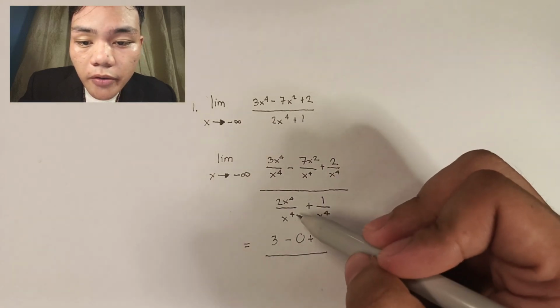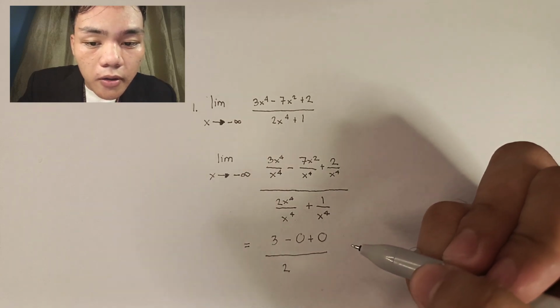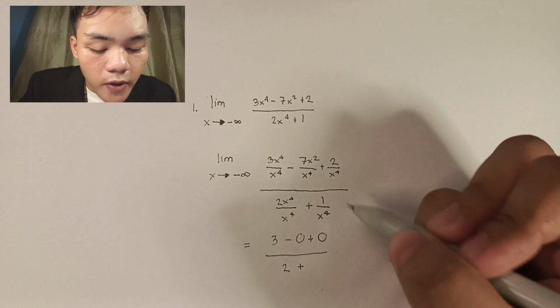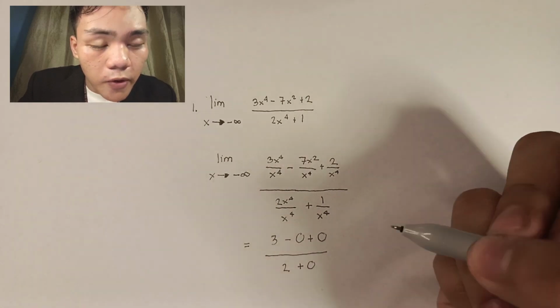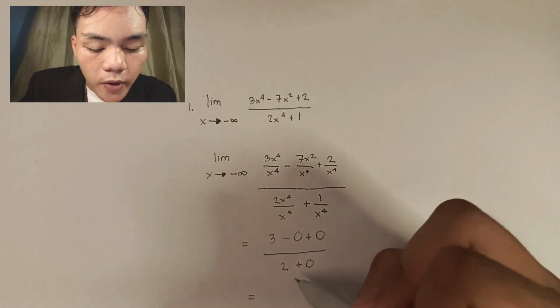If the degree of the numerator is less than the degree of the denominator, then the limit of the rational function is 0. So we have 0 plus, as we can see, the 2 over x to the power of 4, the 2 doesn't have a variable, so we'll put 0.